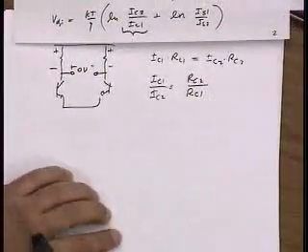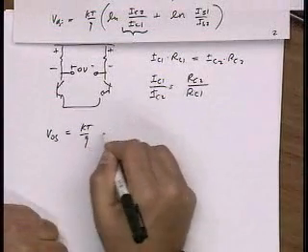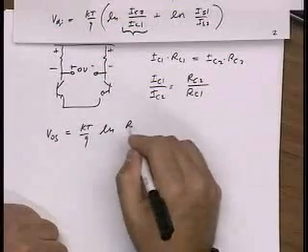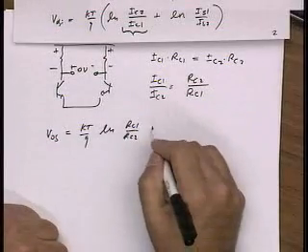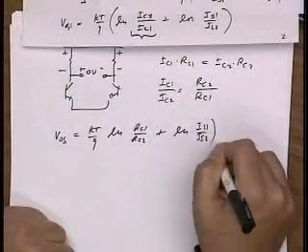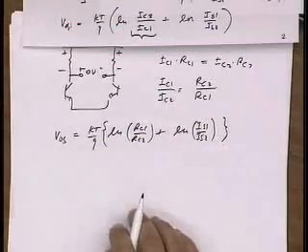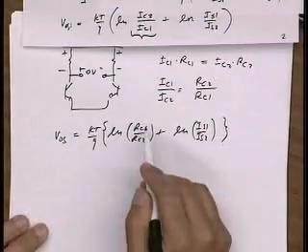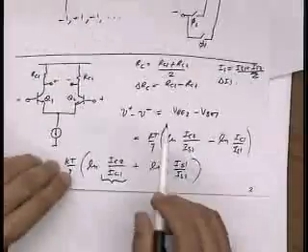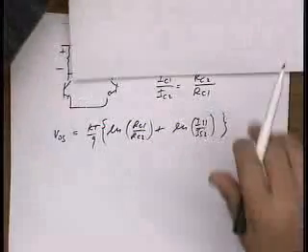Okay. So I'm going to now write that the offset voltage is KT over Q log of RC1 over RC2 plus log of IS1 over IS2. Okay. And now I can basically start out with these equations and just write RC1 and RC2 in terms of the average and difference quantities.